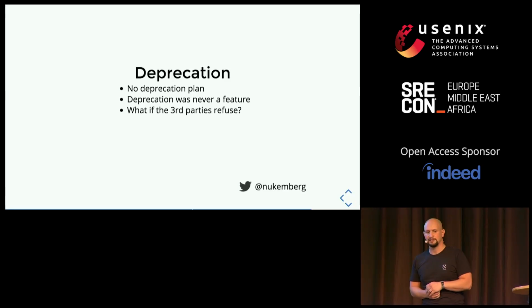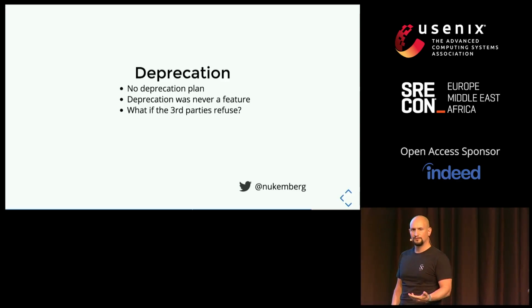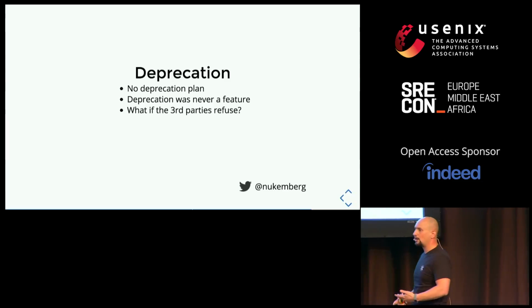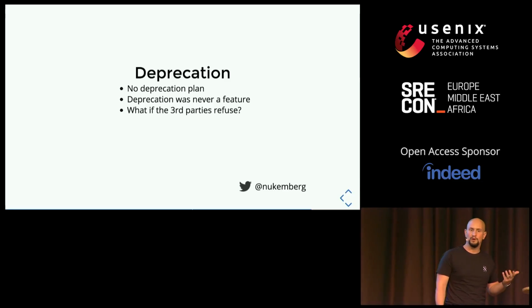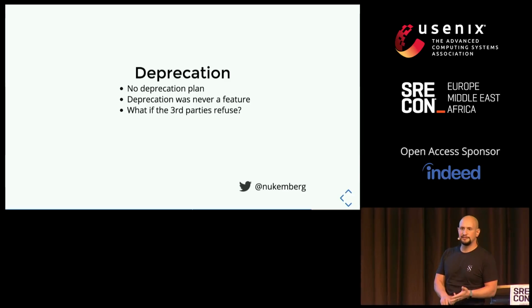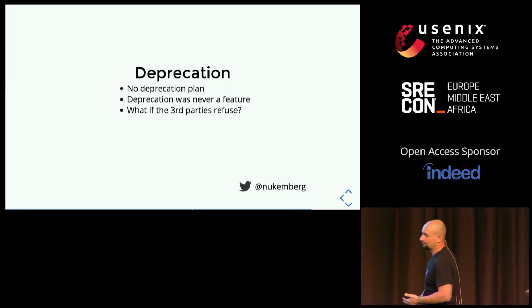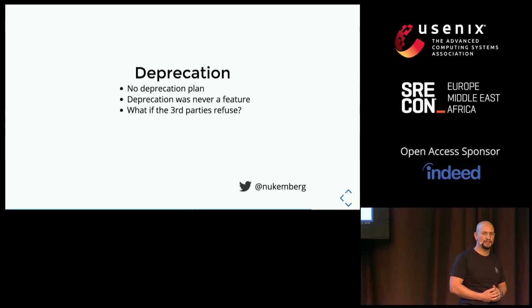Never ever seen this. And even if you do have a plan for deprecation, what if third parties refuse to deprecate it? For example, we have middle boxes, routers on the internet, and maybe we want to deprecate the HTTP 1 protocol, but if the CDNs don't agree, if the browsers don't agree, yeah, not much we can do about it.